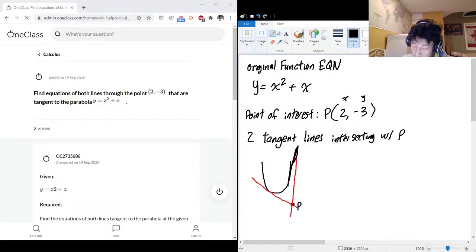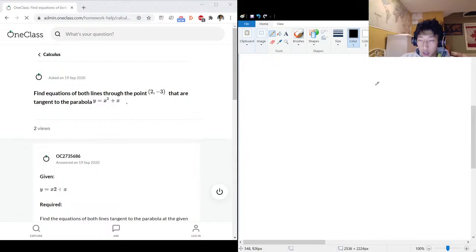Let's find those lines. We know that y is equal to x squared plus x. To find the tangent line at a certain x position of this, we need to find the derivative, right? So let's find the derivative of y with respect to x. Let's call that y prime.